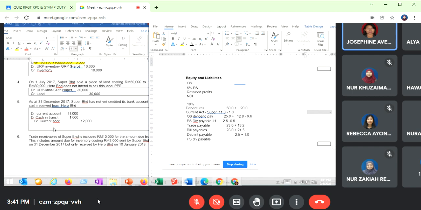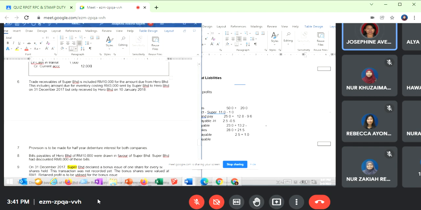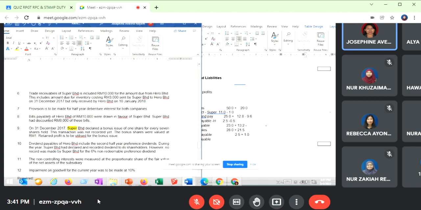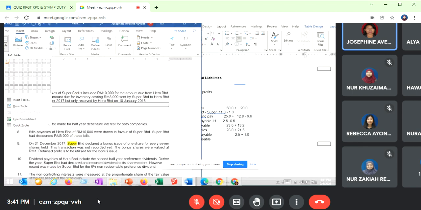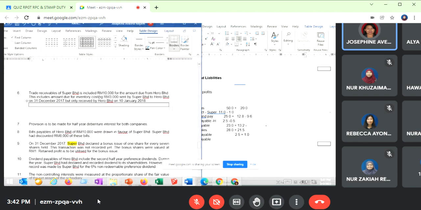All right, number 6. Trade receivables of Super. Trade receivable of Super includes 10,000 for the amount due from Hero, and this includes amount due for inventory 3,000 that is sent by Super to Hero on the 31st of December, received after the reporting date.